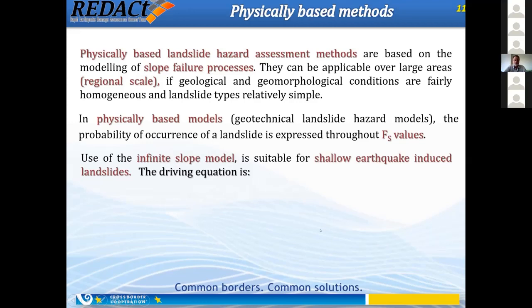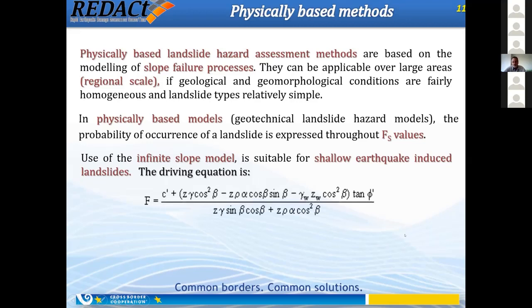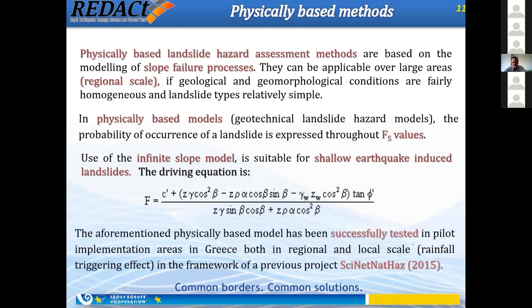What we have adopted for the time being is the infinite slope model, which is a suitable and worldwide used model for shallow earthquake-induced landslides. The driving equation for the earthquake triggering effect is this one, where I will just point out that the A used here is the PGA value, the peak ground acceleration value.